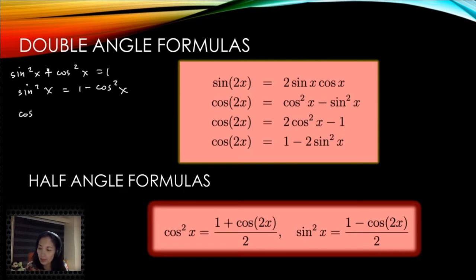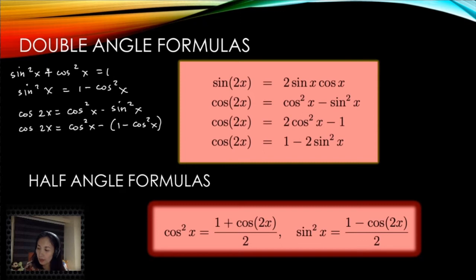Cosine 2x is equal to cosine squared x minus sine squared x. But replacing sine squared x with the expression that we obtained from the previous, we'll end up with cosine 2x is equal to cosine squared x minus, in a pair of parentheses, 1 minus cosine squared x.